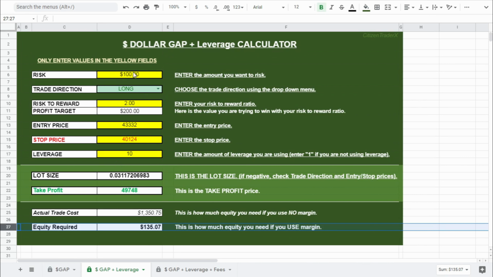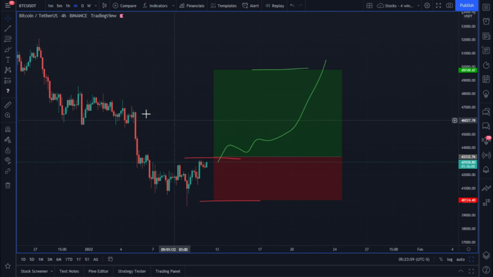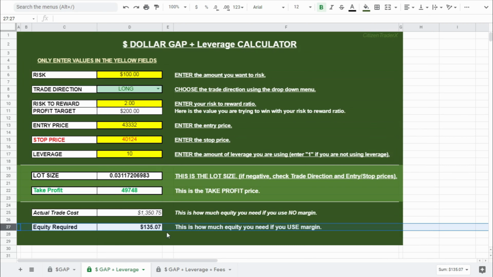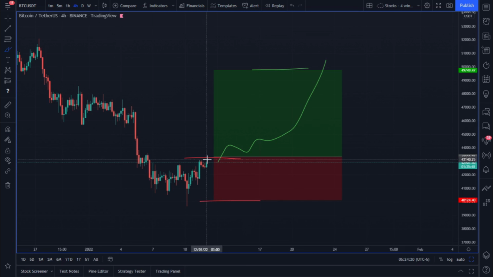Maybe it'll get to, let me go to the chart. Depending on your broker, if you have the exact amount, $135.07, the broker may only let the price go down this far before it closes your trade.